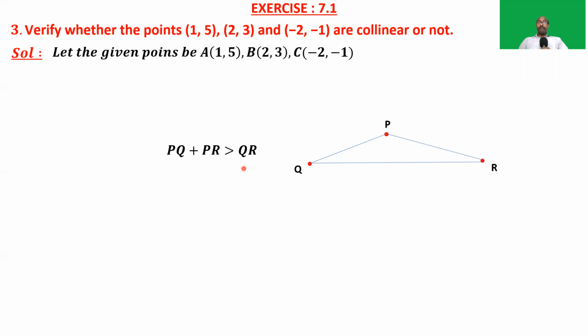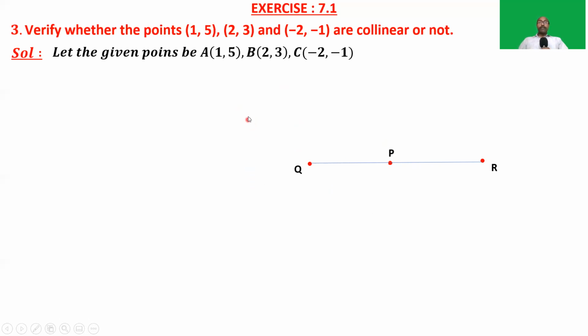But if P lies on QR like this, that is P, Q and R are collinear points, then PQ plus PR is equal to QR here, isn't it? So among the distances between the points taken two at a time, the sum of two distances must be equal to the third. Then only the 3 points are collinear.